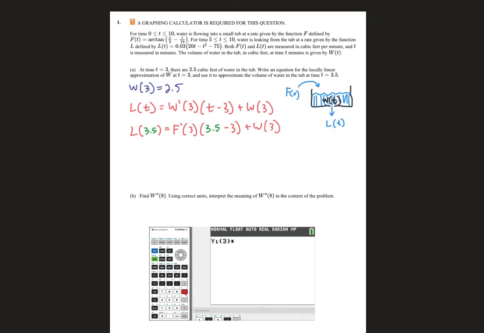And then times, we'll do 3.5 minus 3. So we're just really typing in exactly what we've already figured out. And then W of 3, they tell us, is 2.5. They say it in the problem. And so that's it. So that's our answer.